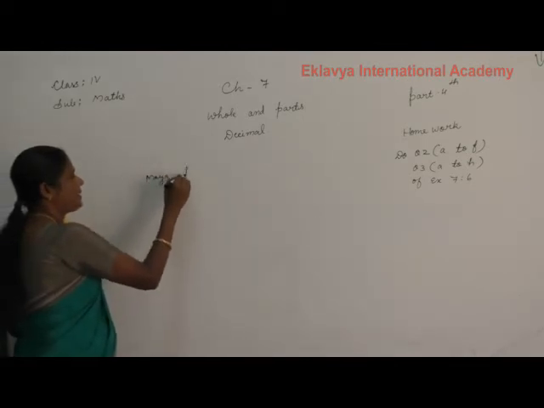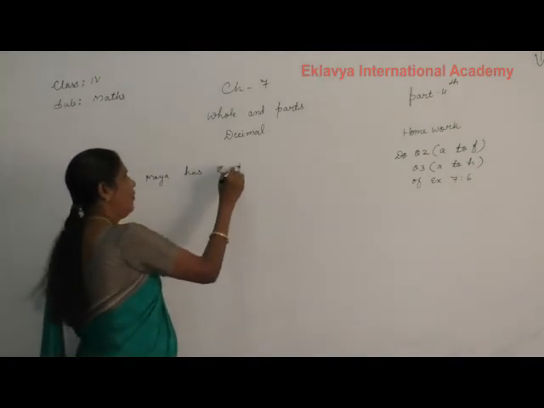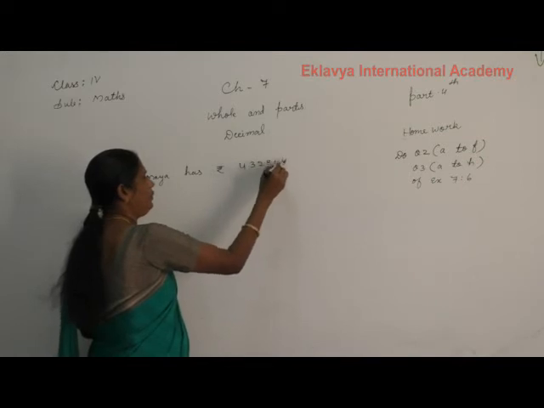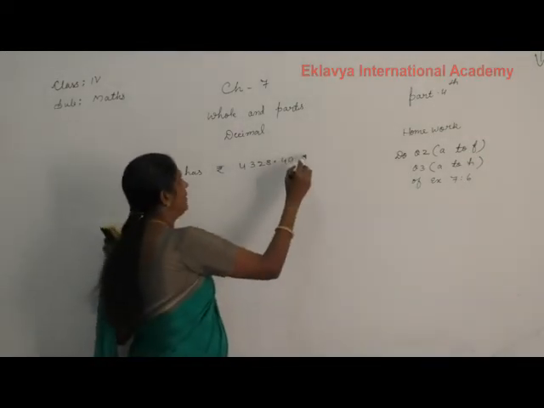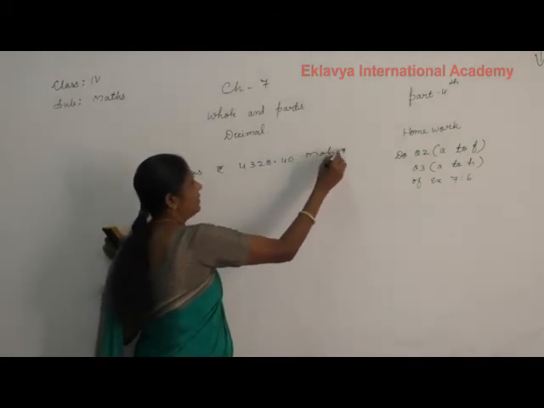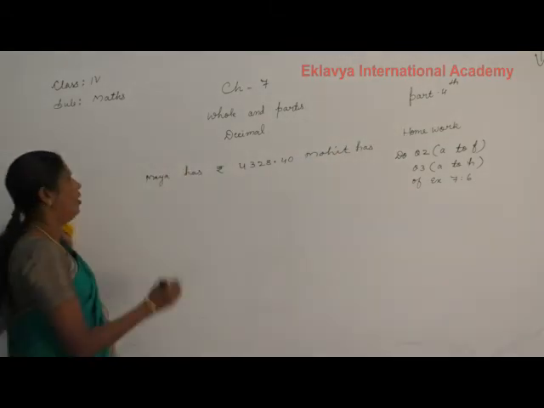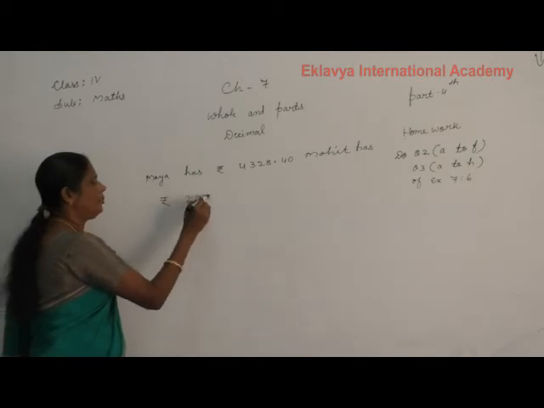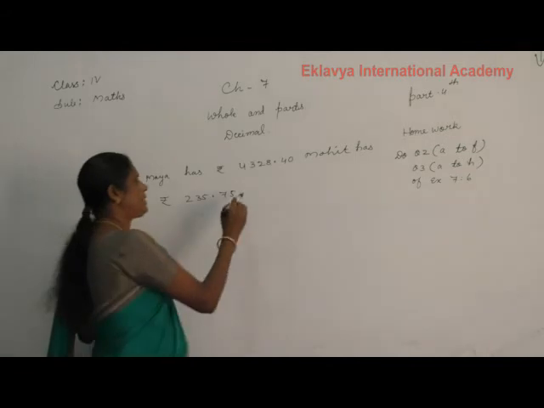Maya has rupees 4,328.40. Then Mohit has rupees 235.75.